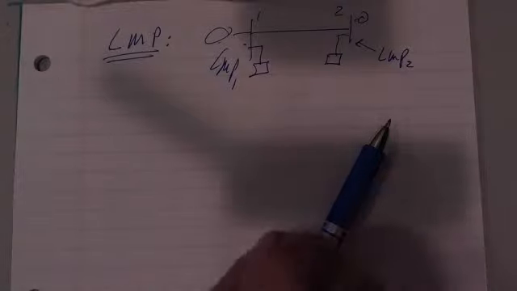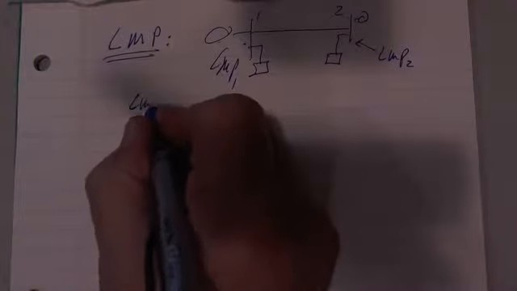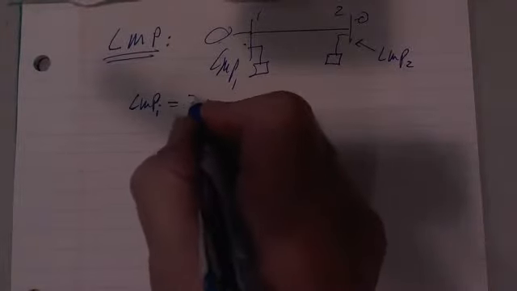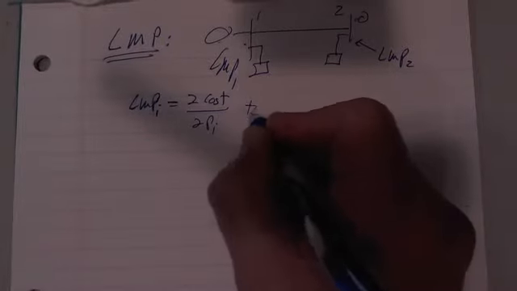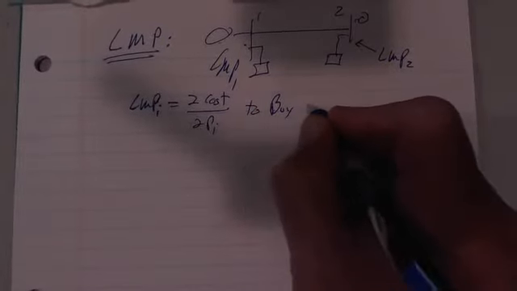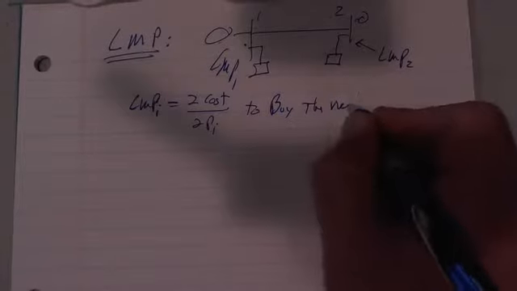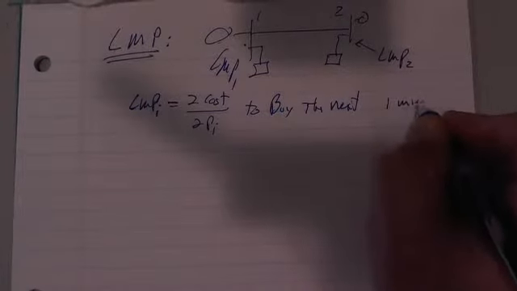And LMP, as far as the load is concerned, is the cost of buying the next 1 megawatt of load. So LMP i is equal to d cost, d P sub i, to buy the next 1 megawatt of load.